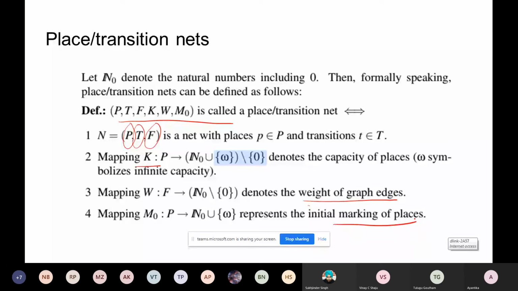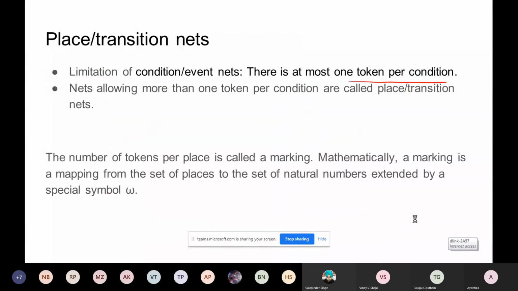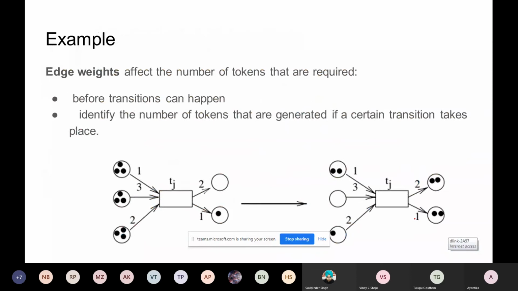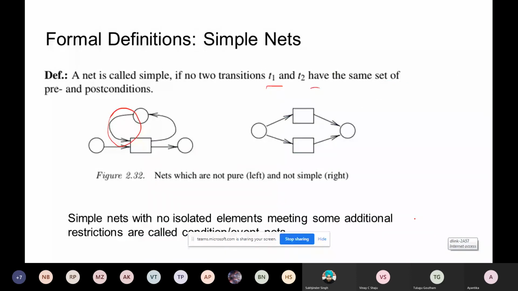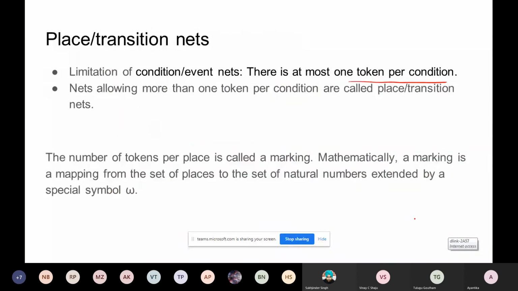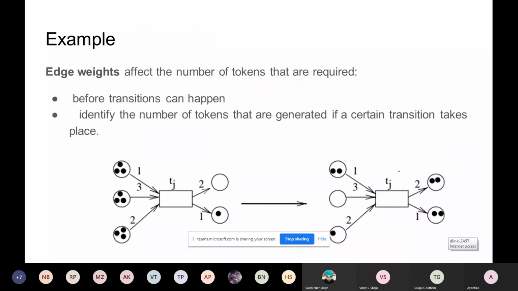This is the improvement of the conditional or event-based transition that we saw in the first one. There we had not considered these types of mapping weights or mapping capacities. What does it mean? See this example.